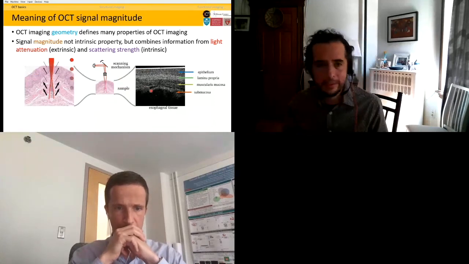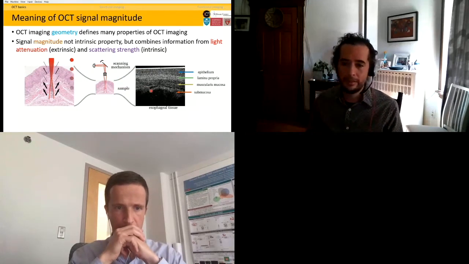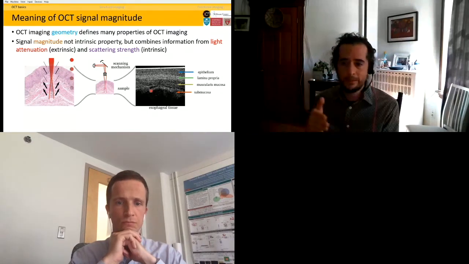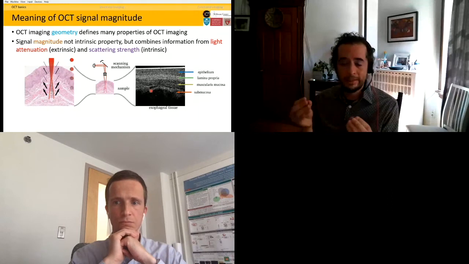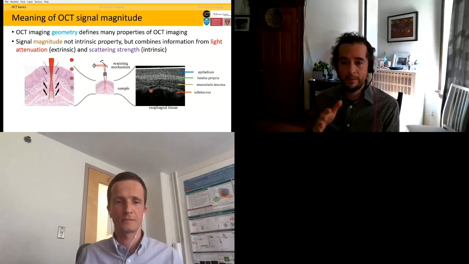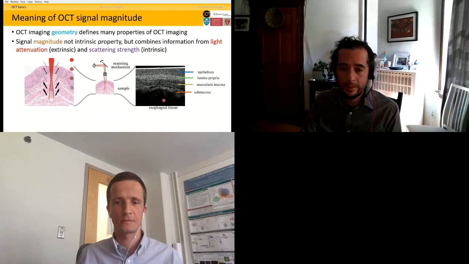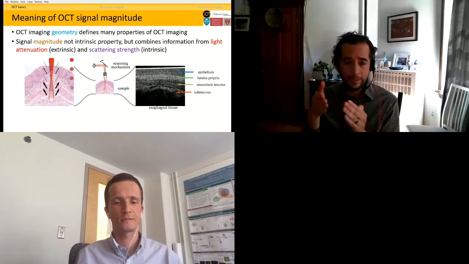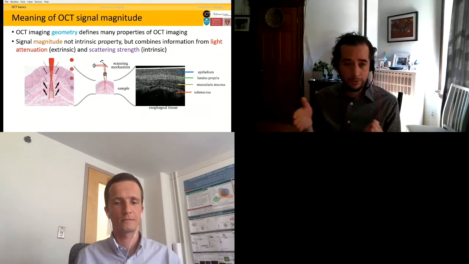Now, the imaging geometry of OCT defines many of its properties. So first of all, the magnitude of the signal is not an intrinsic property of the tissue, because it combines information from the light attenuation that happens at superficial layers and the scattering strength that is intrinsic to this particular tissue type. So we can see that as light starts to penetrate into the tissue, it starts to get depleted because of interaction with the tissue via scattering and absorption.